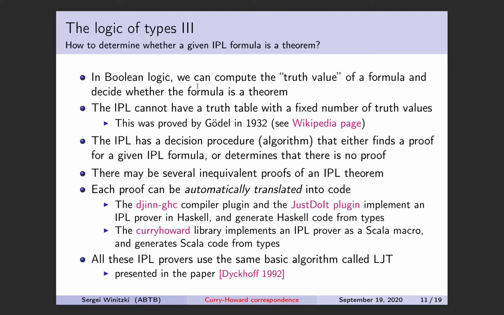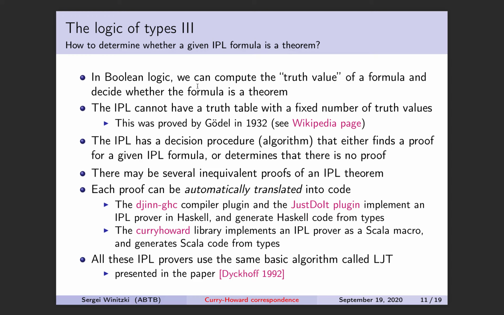And once you look at the truth table, you decide easily whether the formula is true or not, if it's a theorem or not. And in Boolean logic, the truth table can contain only values true and false. In many valued logics, it can have more truth values, say 3 or more truth values, true, false, and something in the middle, or many things in the middle between true and false.